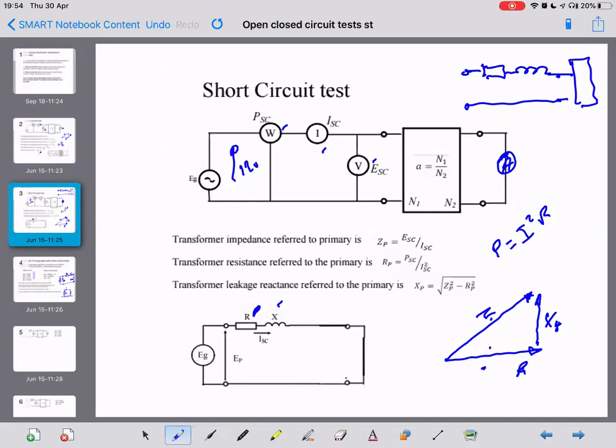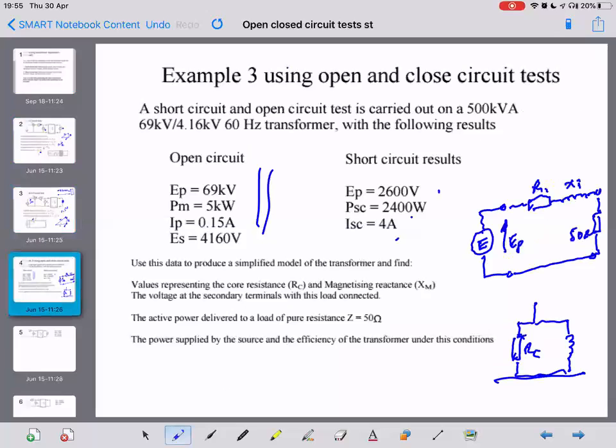We've now got the components for this transformer. We know EP, we know R, we know X, and from the open circuit test we found the values of the parallel components. Working on this example, we're looking to find these two component values so we can load the transformer with 50 ohms.